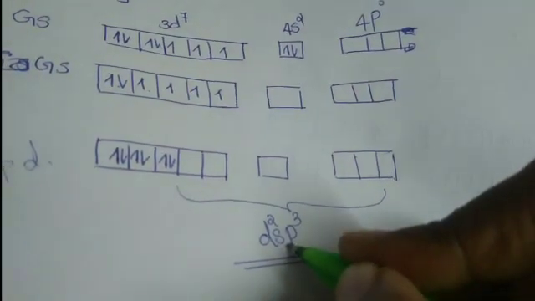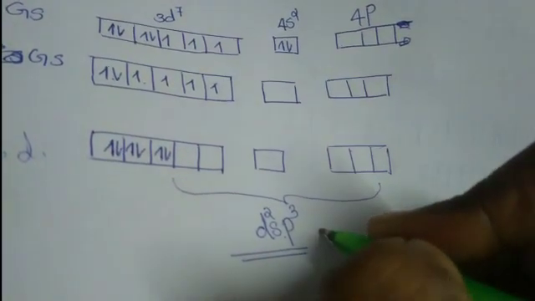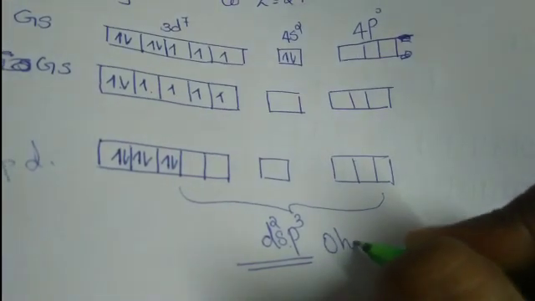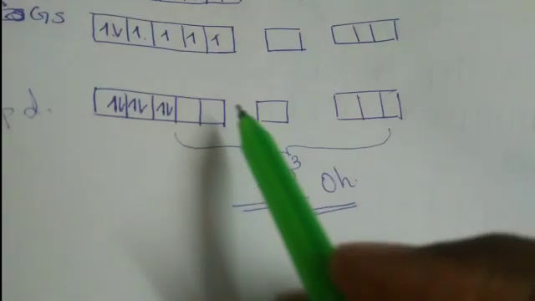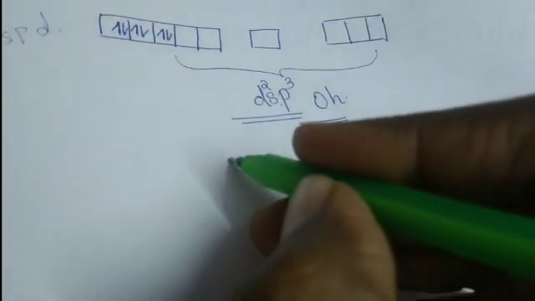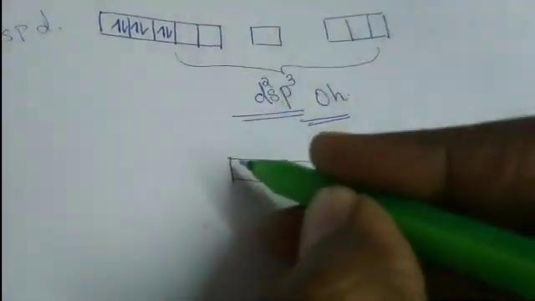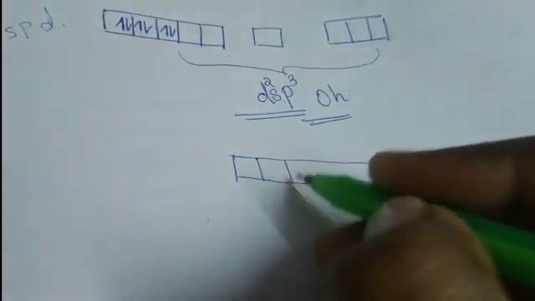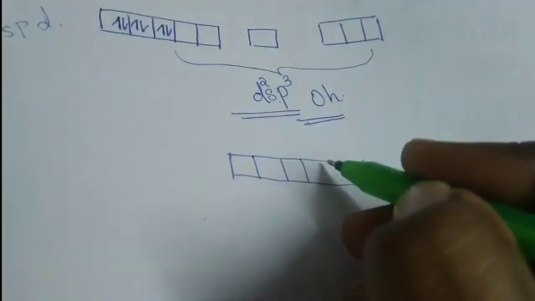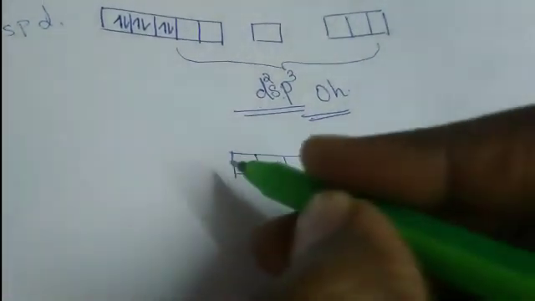Hence what will be its geometry? It is octahedral geometry. And how is this bond formed? The d2, they will overlap to form d2sp3 hybrid orbitals, isn't it? 1, 2, 3, 4, 5 and 6.